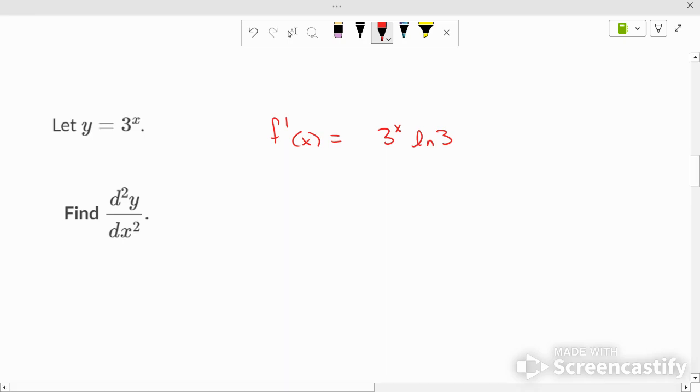So then if we're here, Dylan, what's the ln of 3? No, what is the ln of 3? It's 1 point something, something, something, right? So it's basically like a coefficient of this, right?